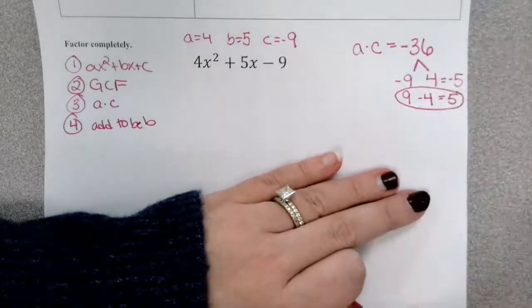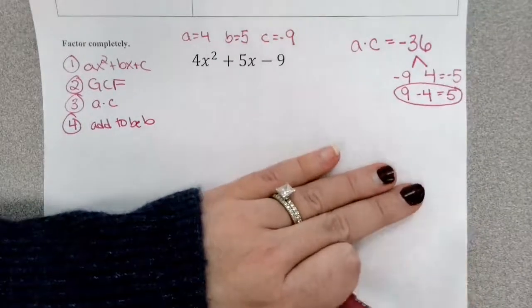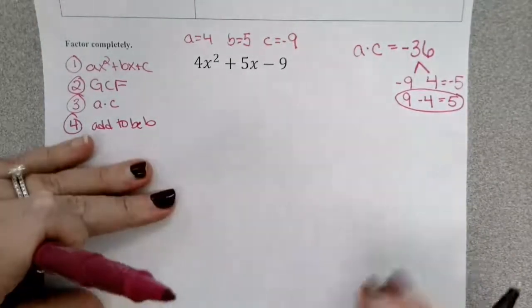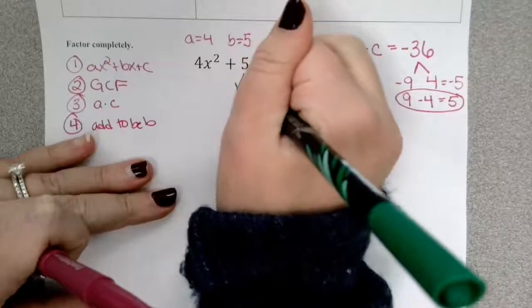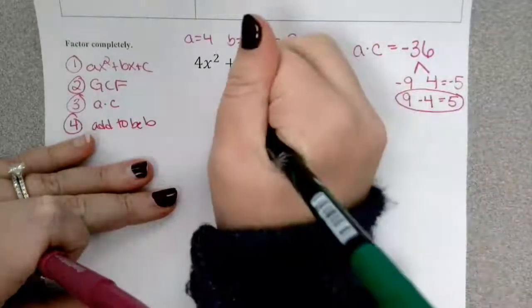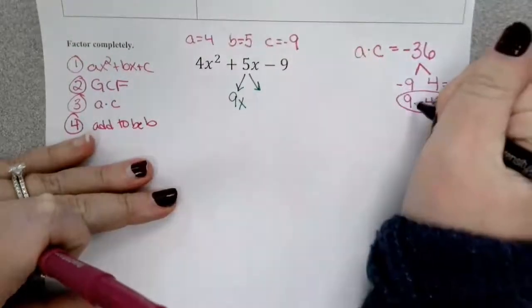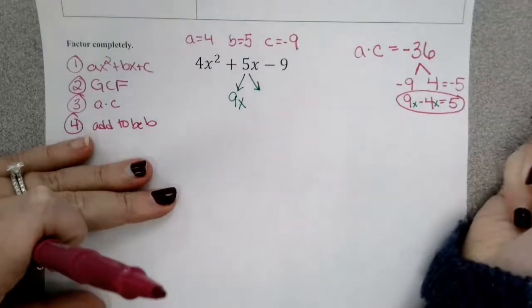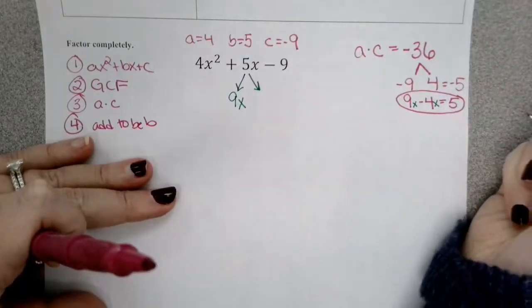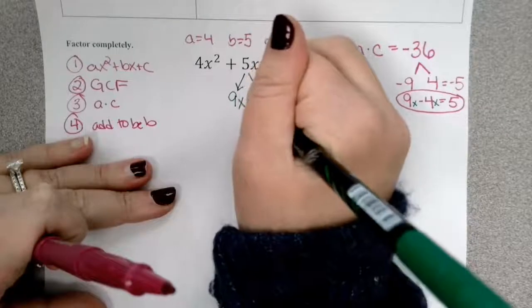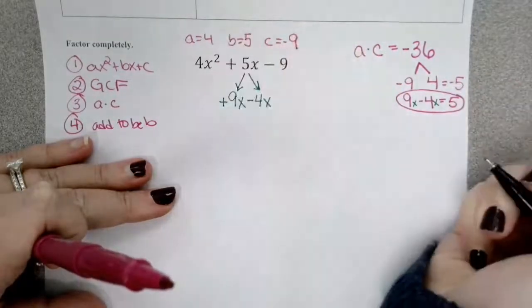So these will be the numbers I use. Now, instead of 5x, I am writing 9x, because I want to make sure there's x's connected to both of them, because then it won't be an equivalent polynomial, minus 4x, and this is positive, so I'm putting that plus sign there.